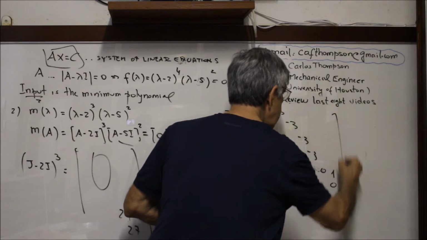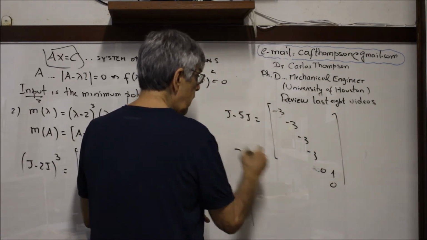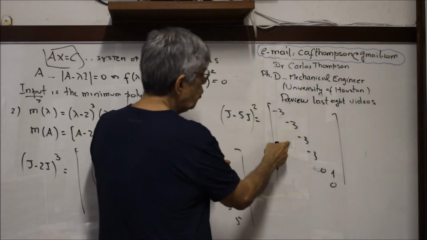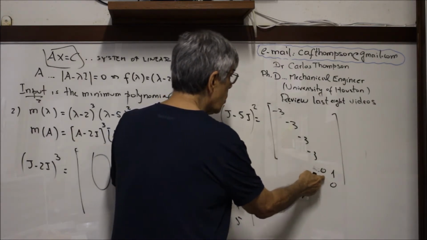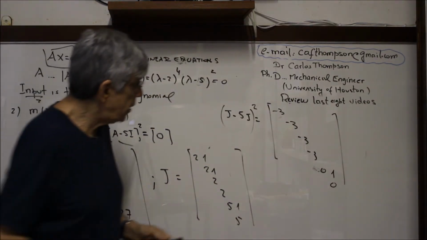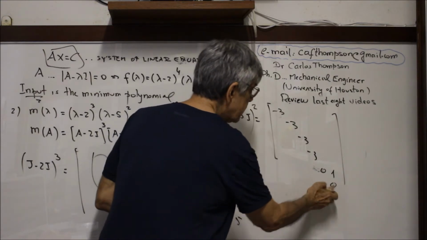You see my 1 here? If I square it, this here will be 9, 9, 9, 9, okay? And this will be 0. So if I square it, look, this will be 9, okay? 3 squared is 9. And this will be 0.